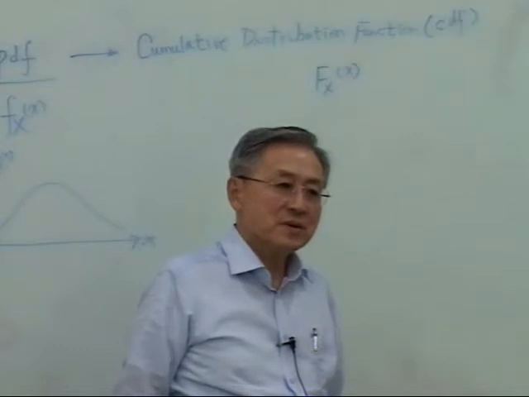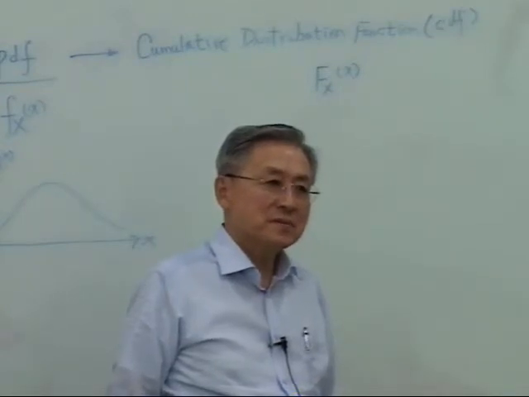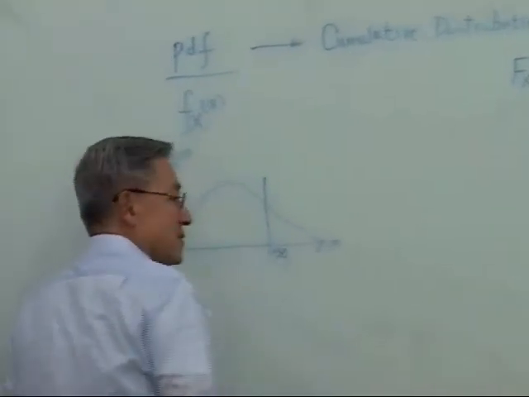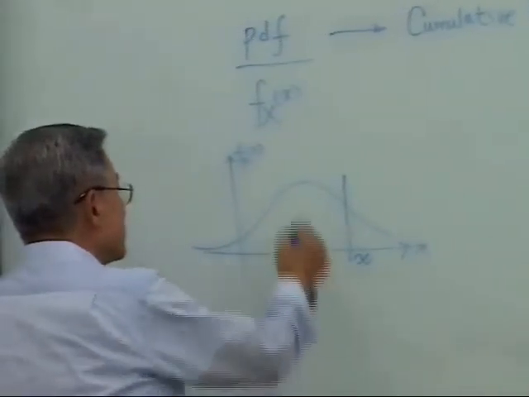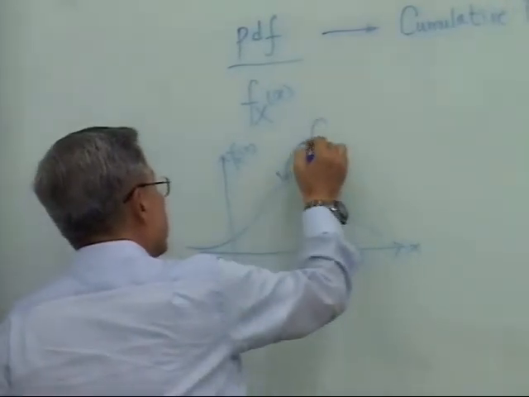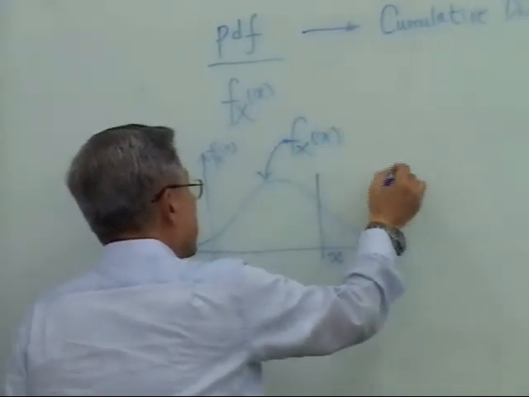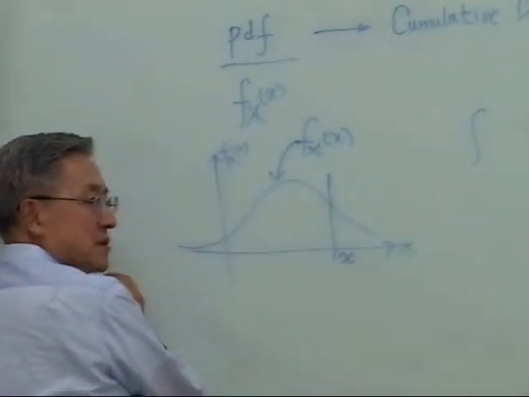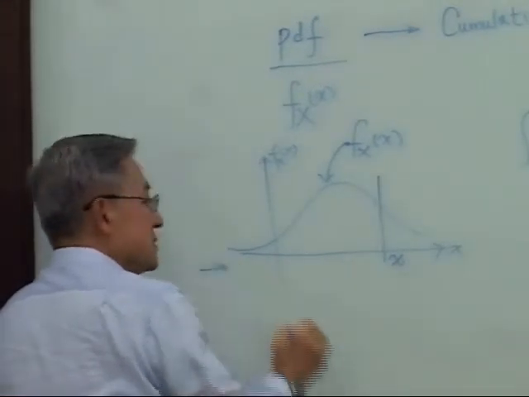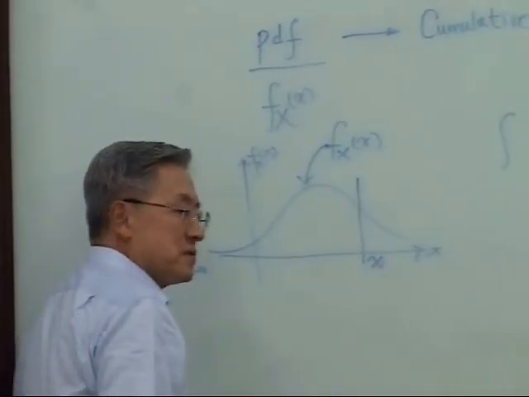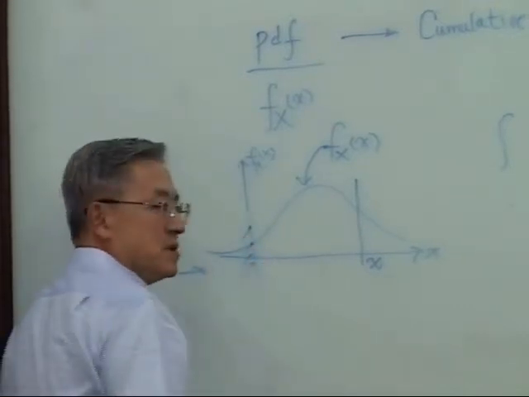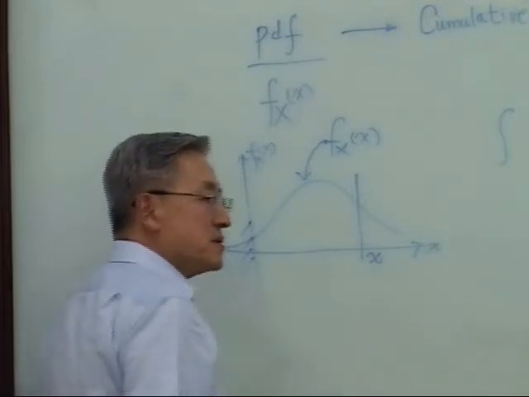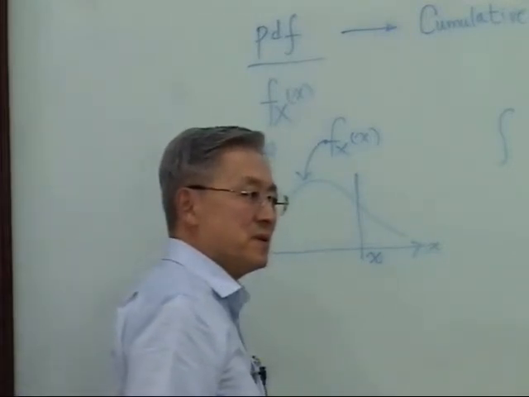So when you develop your 1, let's say this is a small x particular value. This is f of x, of course, f_X(x). Then I'm going from minus infinity, okay? Theoretically, it goes to negative infinity. For reality, this could be meaningless, then start from 0. But mathematically, mathematicians love that, minus infinity.